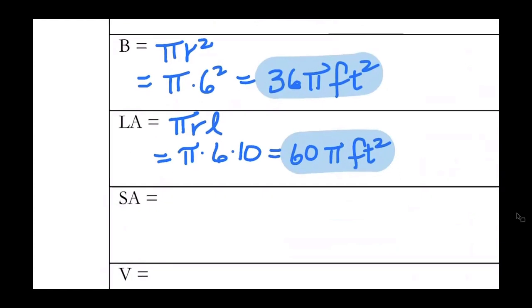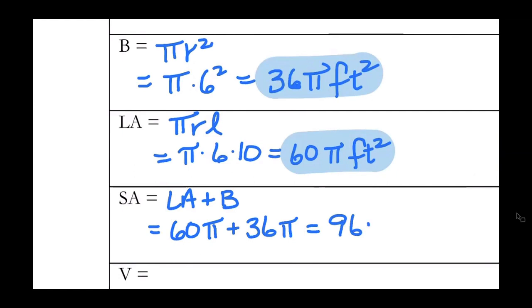Our total surface area will be the lateral area plus 1 base. So we're going to do 60 pi plus 36 pi, or 96 pi feet squared.